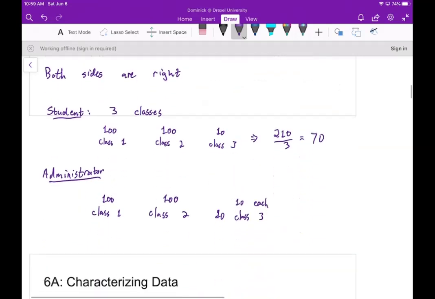So now when you find this average, you're taking 100 plus 100 plus 10 times 10, so you're going to get 300. And then this is going to be divided by, well, you have 10 class 3s plus class 1 and class 2, so divided by 12. And then, of course, if you take this average, you're going to get 25. Right? So in this problem, it's all about perspective. So there are many different angles that can be taken to make these averages different.